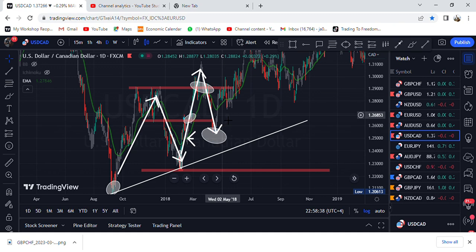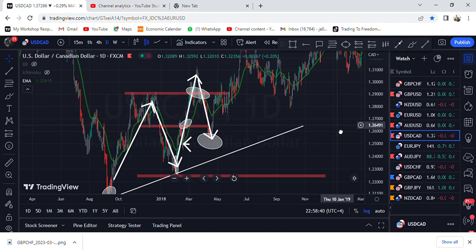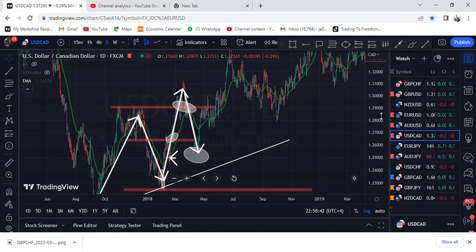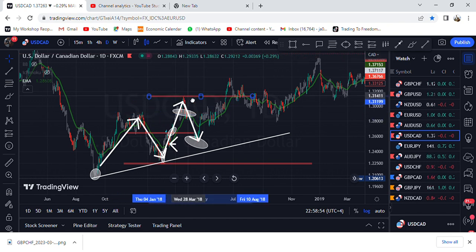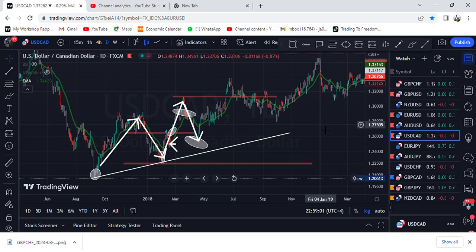It might show signs of going up, but what makes you understand that the market is gonna go right up? If it doesn't hit here, and if it breaks this level, because now this is our new resistance.